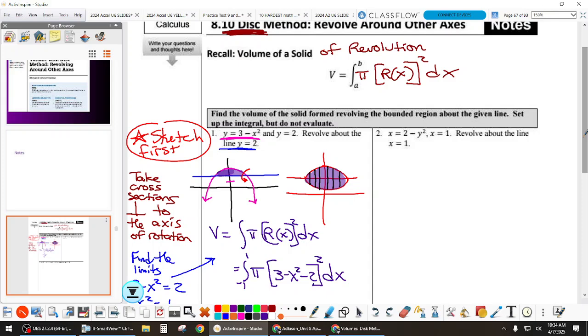All right, number 2. Revolving now about the line x equals 1. So let's notice first that this is written in terms of y. So we need to know what shape x equals 2 minus y squared is.